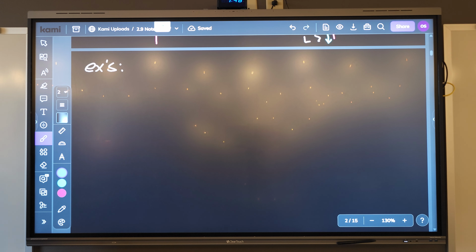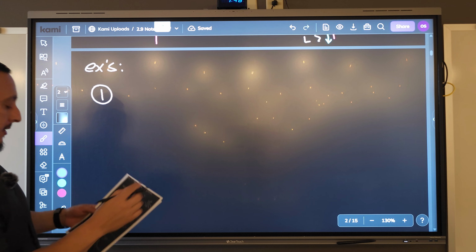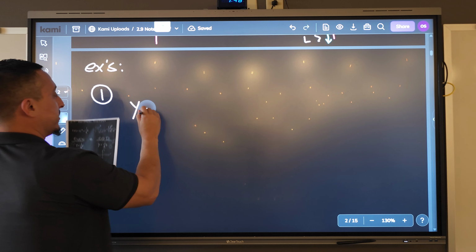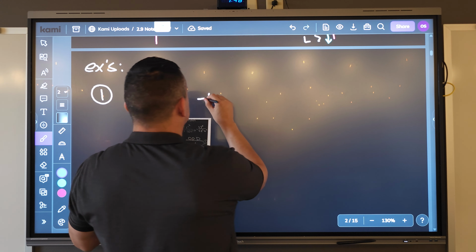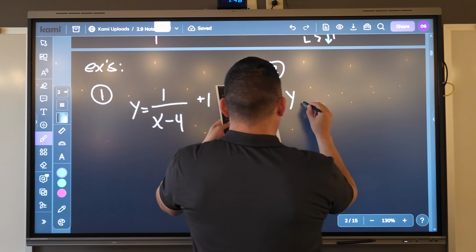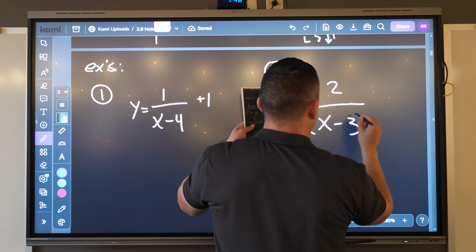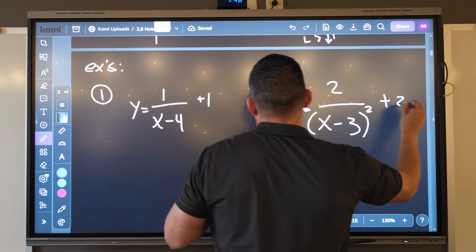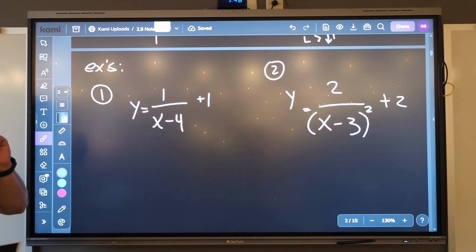Okay. So really, really rough examples of what this would look like. So for example, if I have this equation, and what if I have number 2? What if I have this one? My goal right now is just to teach you.